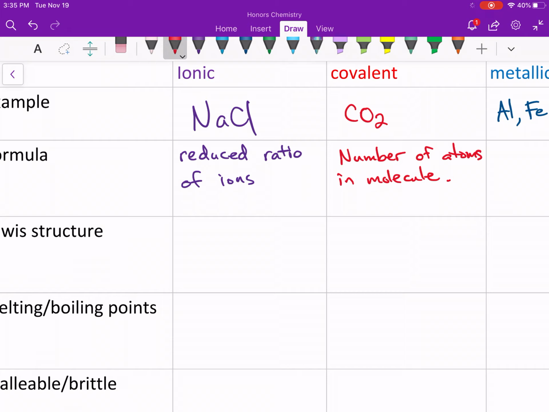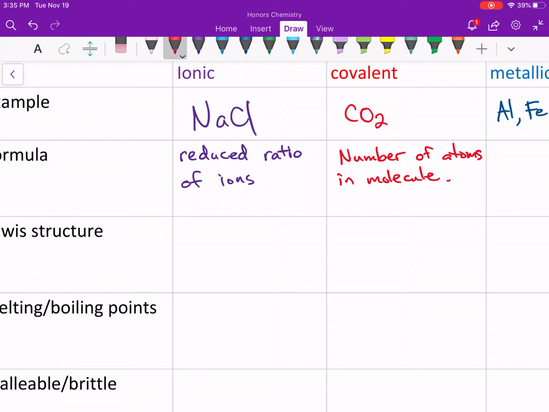So you could have something like C2H4 or P2O6, any combination that actually shows up in a molecule would be written in the formula.